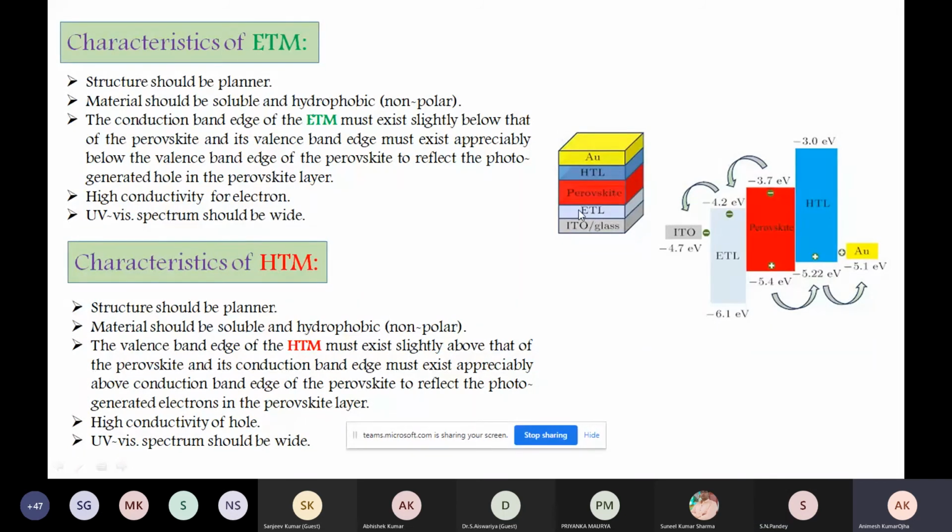Because the perovskite molecule is in between, this ETL has to be designed in such a manner that it should be hydrophobic in nature. It should not interact with water. It has less affinity for interaction with water, and this I have already achieved.